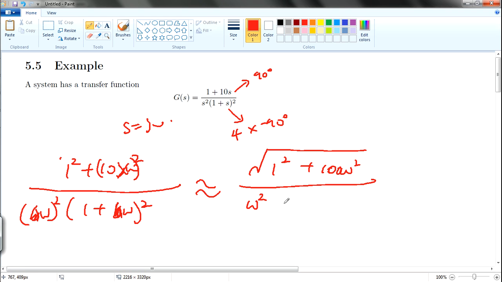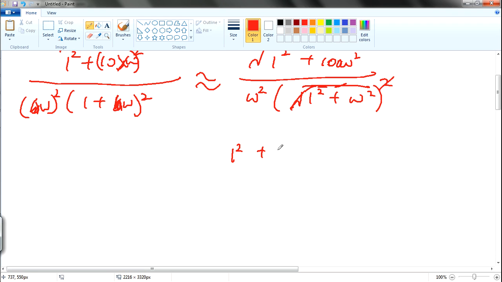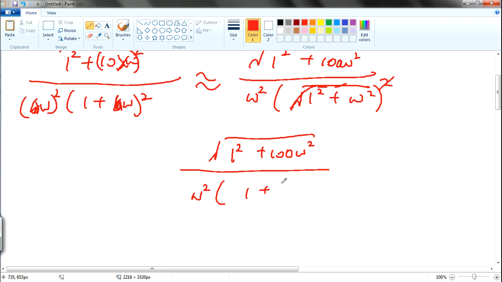So I have omega squared, and then 1 squared plus omega squared within it, and then square root. However, because there is a square outside, we can just cancel out the square and the square root. So therefore, we have the square root of 1 squared plus 100 omega squared, over omega squared, times the square root of 1 plus omega squared. So this is actually the magnitude.